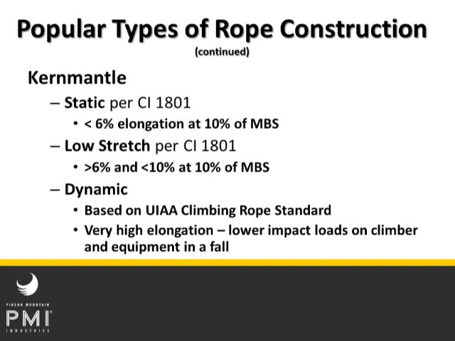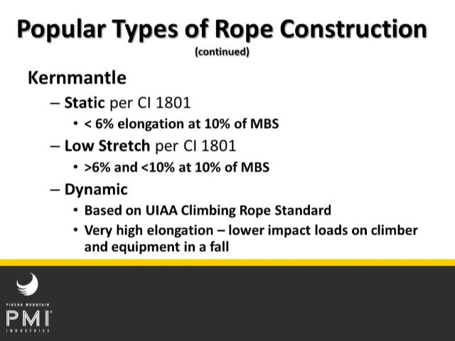Dynamic ropes are all based on the UIAA climbing standard, which has been around for well over 50 years now. They're talking about very high elongation, lower impact loads used for mountain climbing, typically 8% elongation at body weight. So you can see there's a big difference between 6 to 10% at 10% of breaking strength and 8% at body weight.